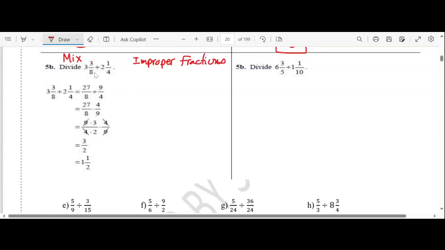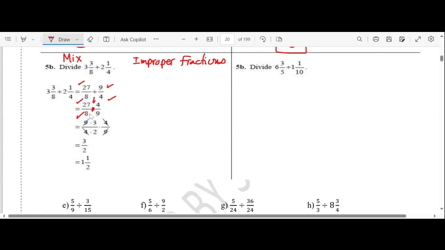All right, 3 times 8? 24 plus 3? 27. So 27 divided by 8. 2 times 4? 8. Plus 1? 9 over 4. And then I will change this to what? Multiplication.